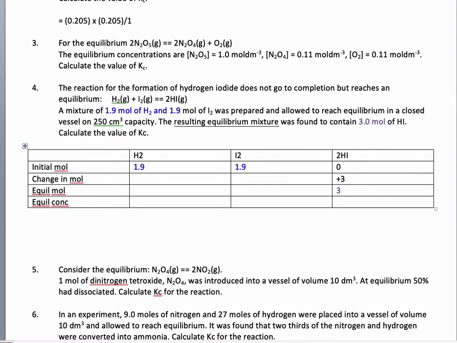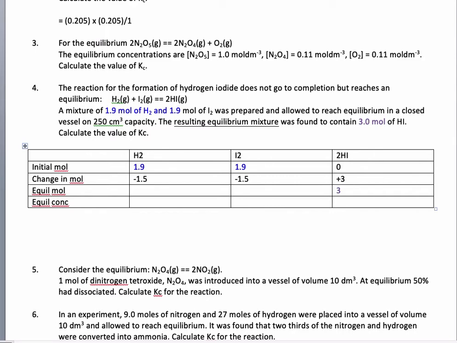So if I've made 3 moles of HI, I need to look and see how I've done that, and the stoichiometry is 1 to 2. So if I made 3 moles of HI, I must have used half as much, so minus 1.5 moles of iodine and 1.5 moles of hydrogen, because they're each at a 1 to 2 ratio with the hydrogen iodide and a 1 to 1 ratio with each other.